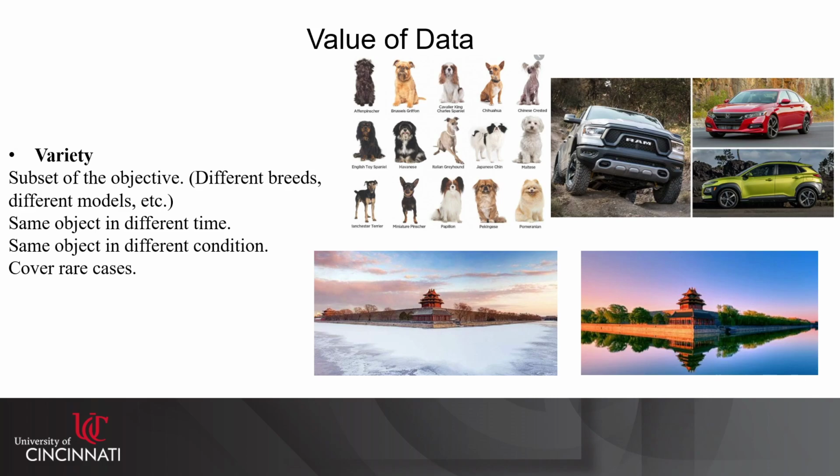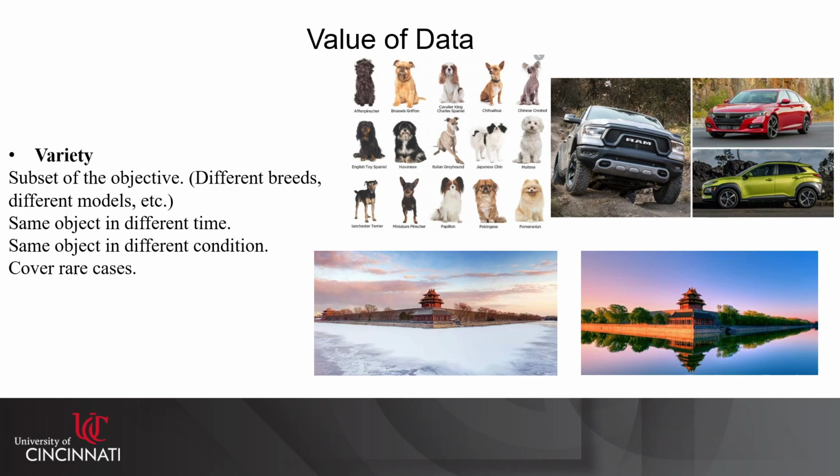If it's trying to distinguish a dog, there are a lot of different breeds. They are all dogs. They just look really different. Similarly, if we're trying to identify vehicles, vehicles can naturally be really different. So we have to include all different kinds of vehicles to expand the variety of our training data so that the computer knows they are all cars.